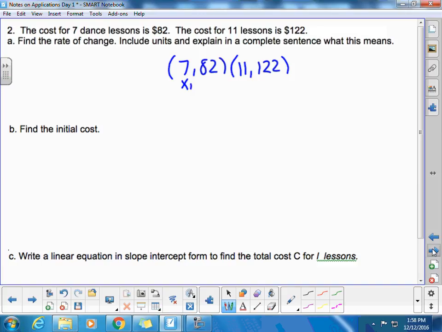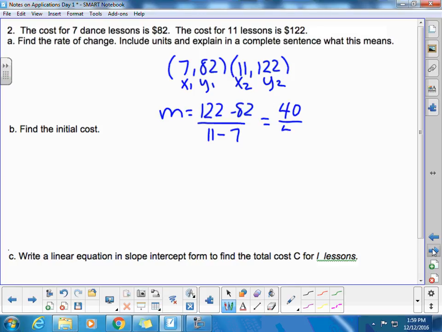Again, x1, y1, x2, y2. Slope, m equals y2 minus y1, which is 122 minus 82, over x2 minus x1. 122 minus 82 is 40, over 4, and that reduces to 10.